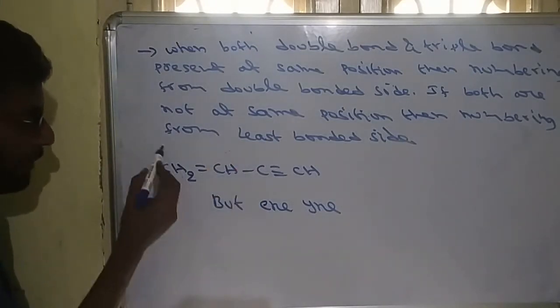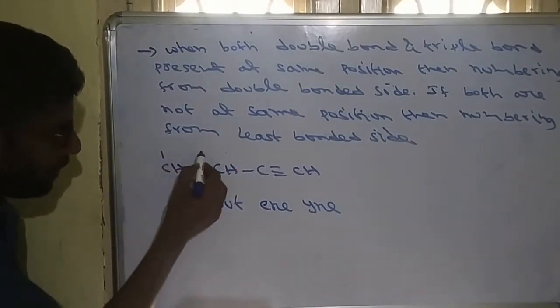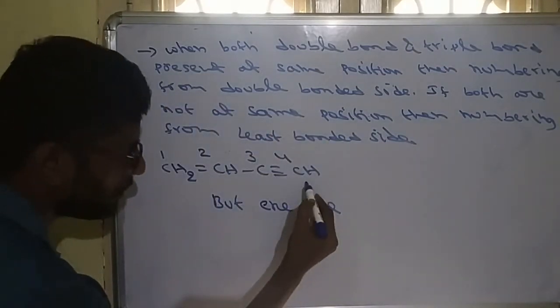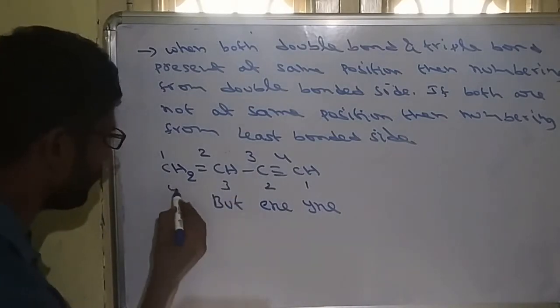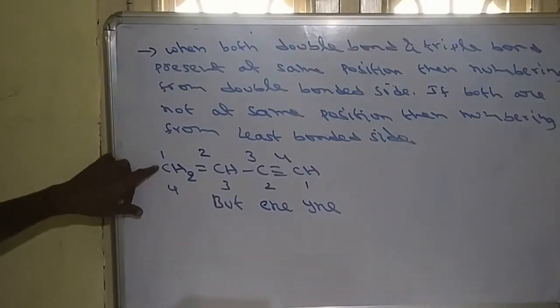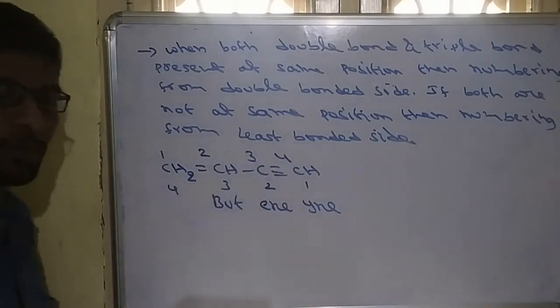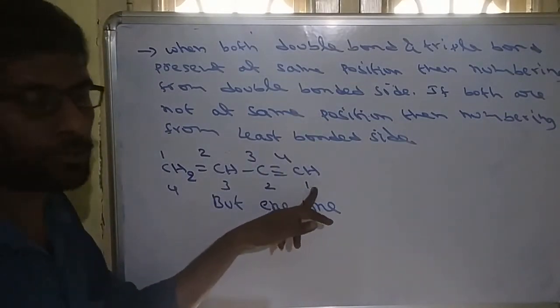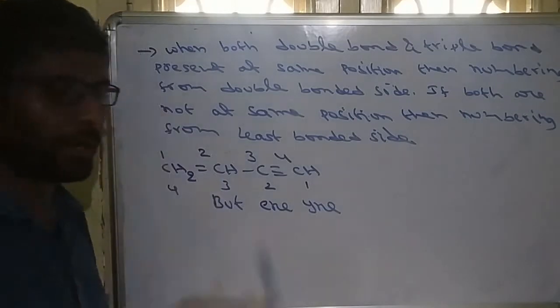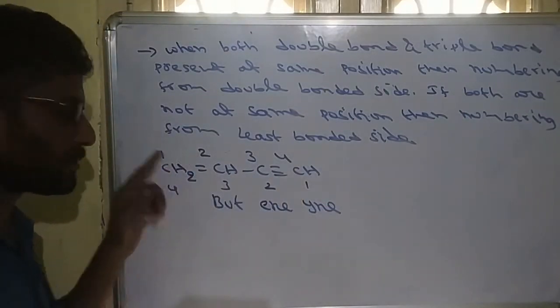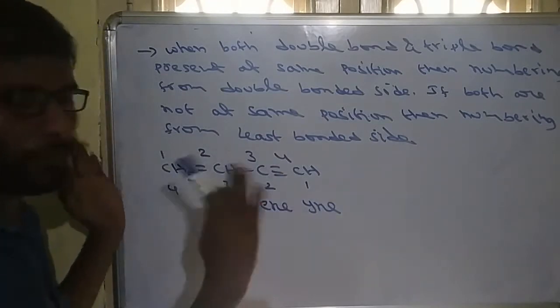If we are giving numbering from this side, observe this 1, 2, 3, 4. Suppose we are giving from this side 1, 2, 3, 4. Here, what is the position of double bond? 1. In this side, what is the position of triple bond? This is also 1. So, from this side, triple bond getting least position 1. From this side, double bond getting least position 1. So, both positions are 1 and 1 from both sides.